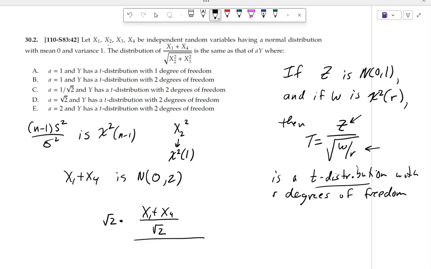Yep, it's chi-squared of 1, right? So if I add another one, that's also going to be chi-squared of 1. And when you add independent chi-squareds, what do we get? It's a chi-squared. What do you do with the degrees of freedom? Add them. So this will be chi-squared of 2, right?